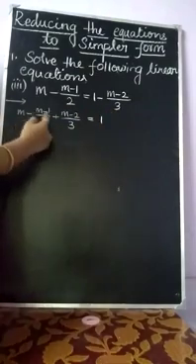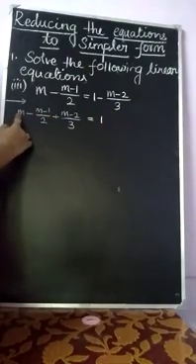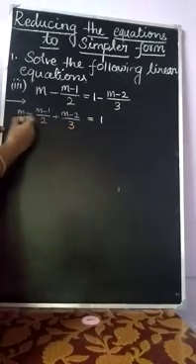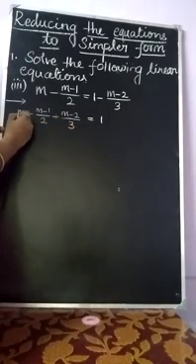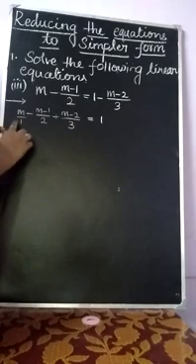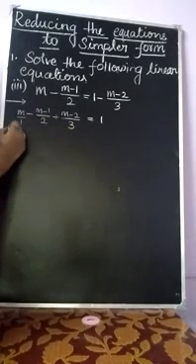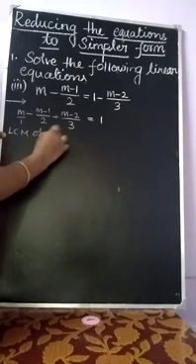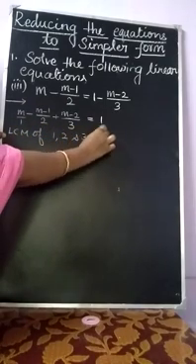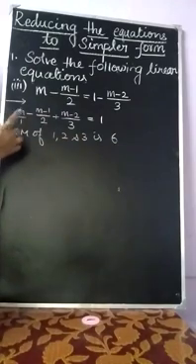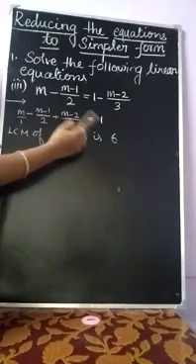Now look at the LHS value, we have different denominators. The first value is directly m, that is m by 1. So what is the LCM value for 1, 2 and 3? LCM of 1, 2 and 3 is 6. So we have to convert all the denominators into 6.